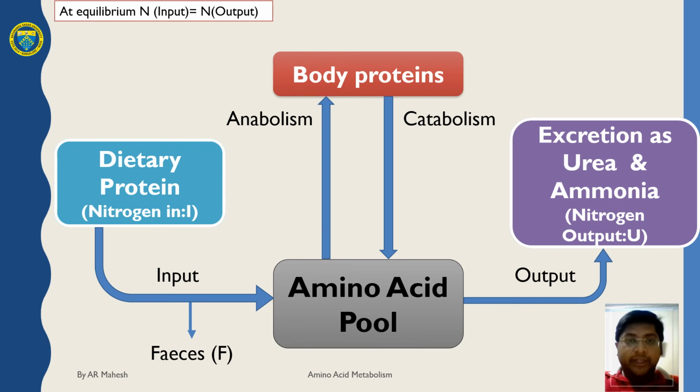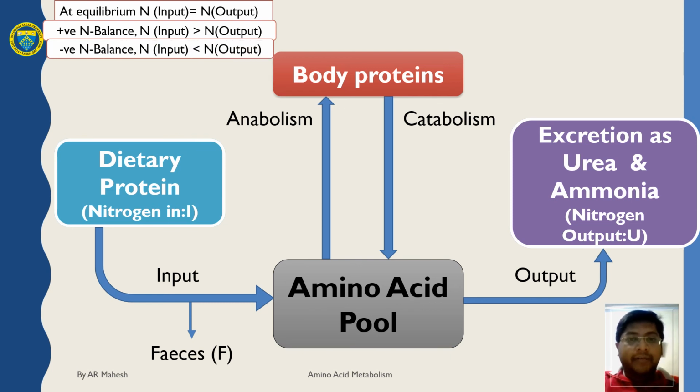The positive nitrogen balance is a state in which the nitrogen intake is higher than the nitrogen output. Some amount of nitrogen is retained in the body, causing a net increase in body protein. This positive nitrogen balance is observed in growing children, pregnant women, or during recovery after serious illness.